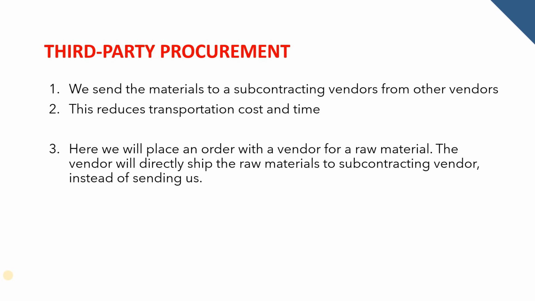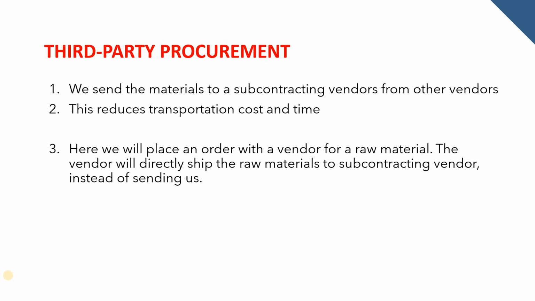The vendor will directly send the material to the subcontracting vendors and the invoice receipt and all those things will be done at us. So here we will place an order with the vendor for a raw material and the vendor will directly ship the raw materials to the subcontracting vendor instead of sending us.